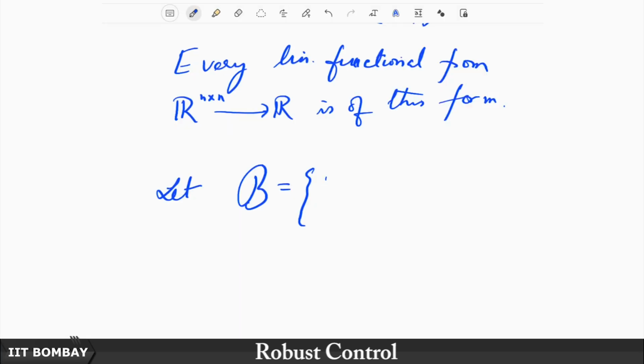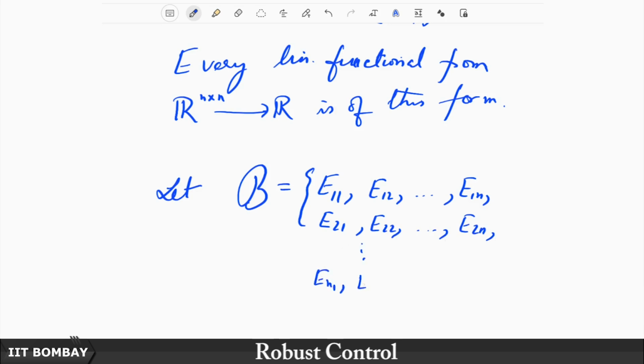So, let us say I call it E11, E12, likewise till E1n, then E21, E22, till E2n, and I go on like this till I have En1, En2 dot dot dot till Enn. So, it is a double indexing I am using. You might say, why didn't you use E1 through En squared?